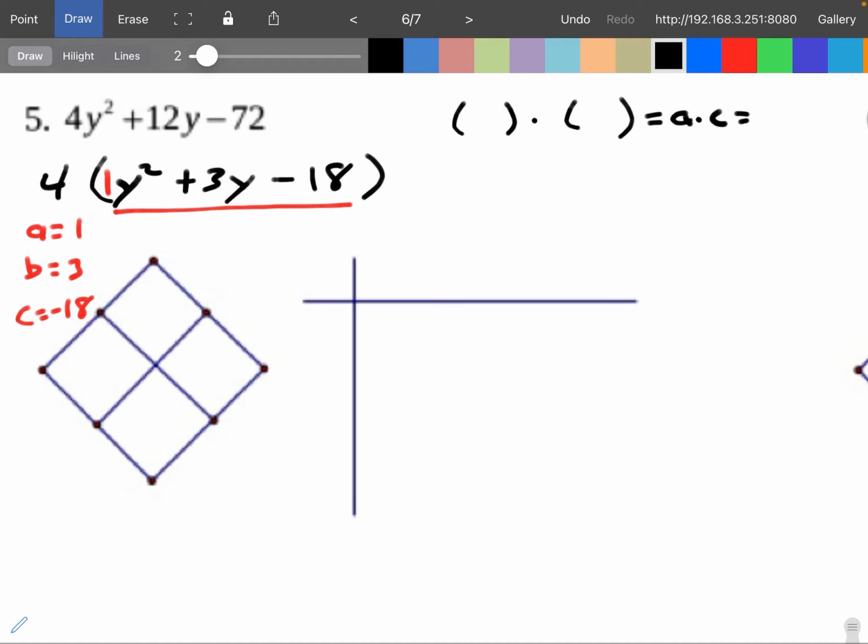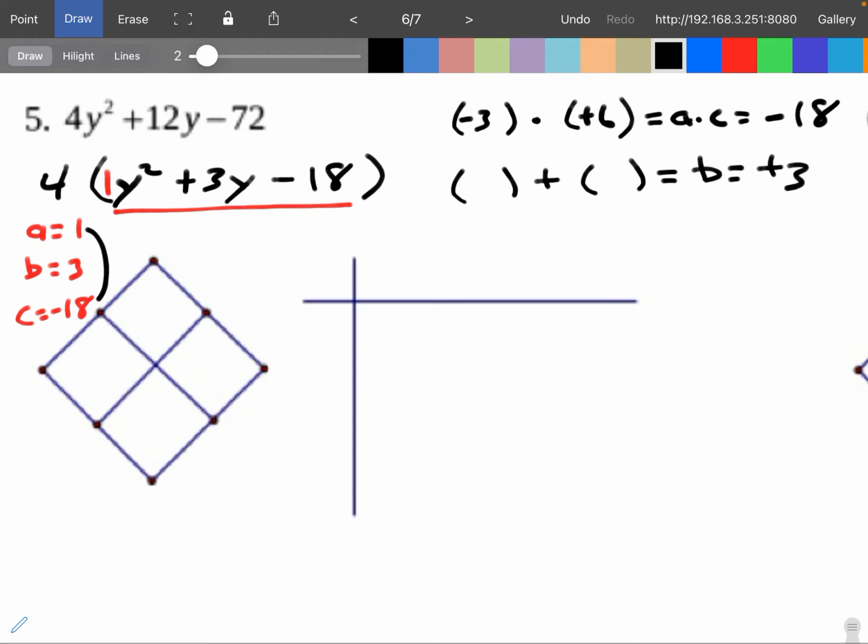Then we need two numbers that multiply to A times C, which is 1 times negative 18, so that'd be negative 18. And then we need the same two numbers to add up to B, which is positive 3.